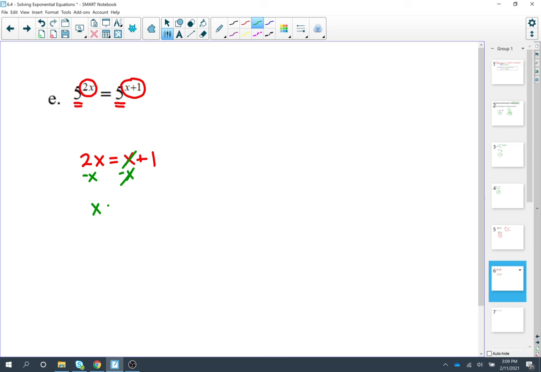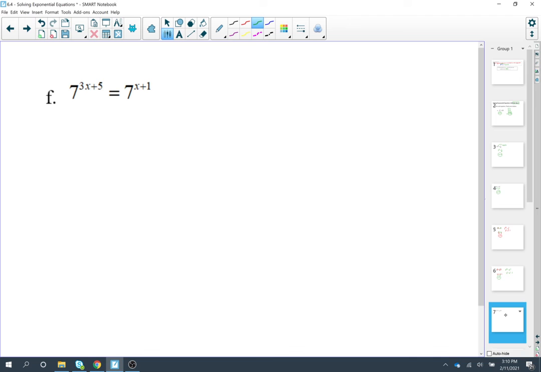That gives me x equals 1. If we check that, it would be 5 to the power of 2 times 1 equals 5 to the power of 1 plus 1. 2 times 1 is 2. 1 plus 1 is 2. 5 squared does equal 5 squared, so x is 1.